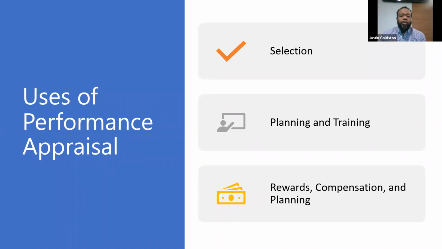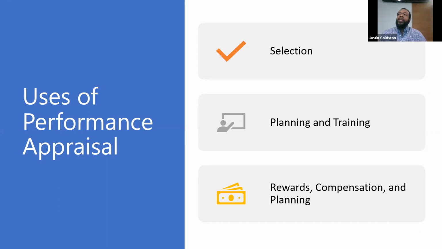So moving on to rewards, compensation, and planning. If rewards and compensation are based on performance, we also have to assess if the rewards and compensation are at the appropriate level for performance. Yes, we may be issuing rewards.